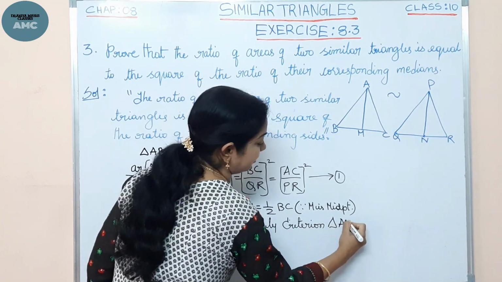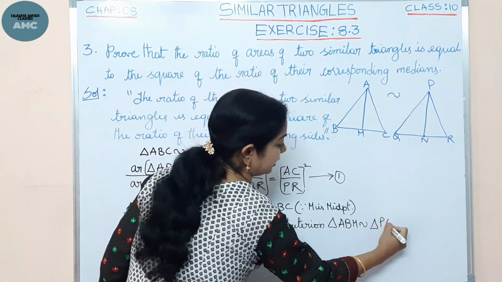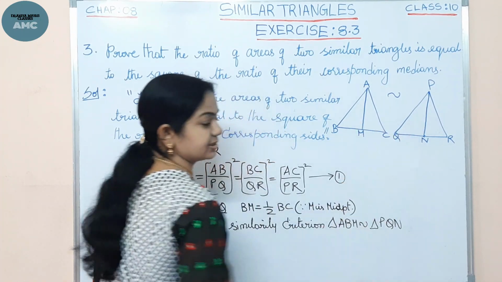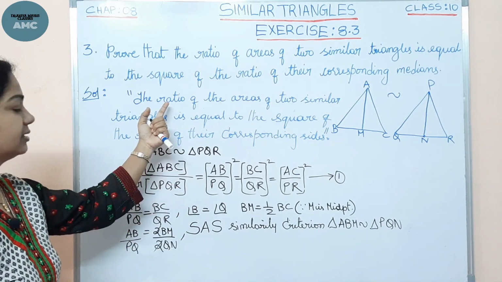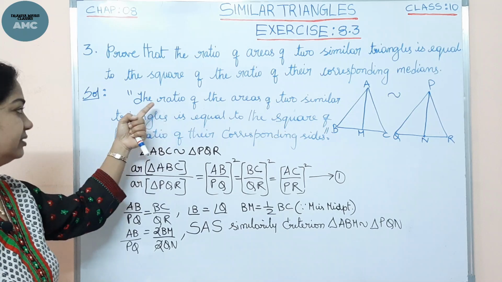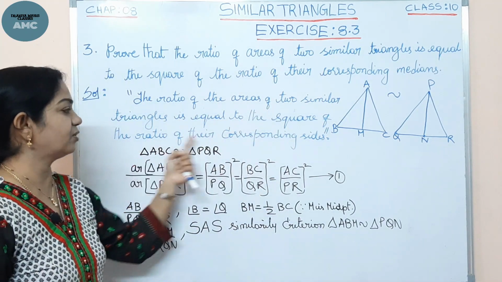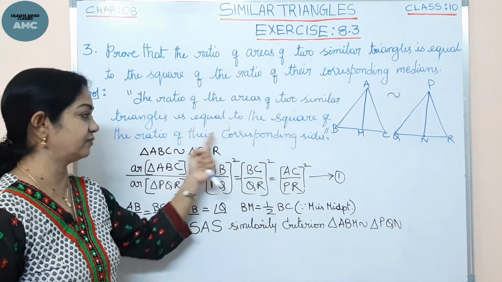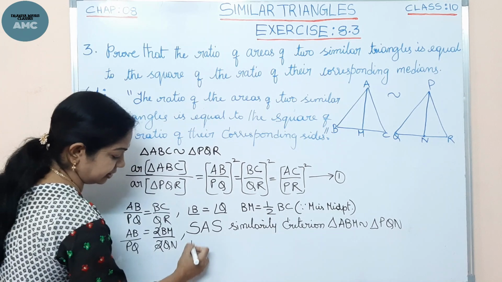Triangle ABM is similar to the triangle PQN. When two triangles are similar, we can include this theorem: the ratio of their areas is equal to the squares of the ratio of their corresponding sides.